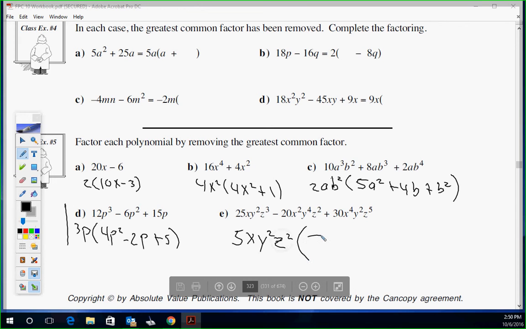So that's 5, z, minus 4x, y2, and plus 6x3, y2's out, and z3. Okay.